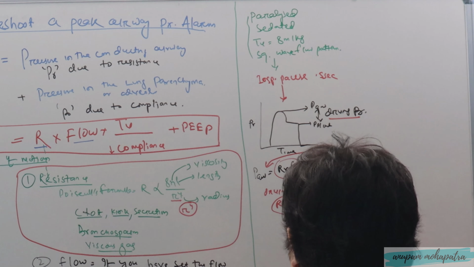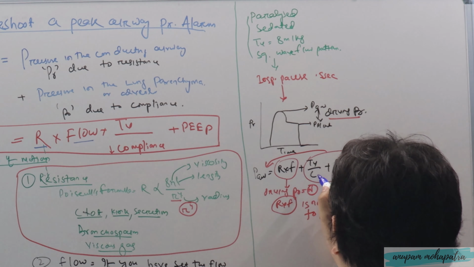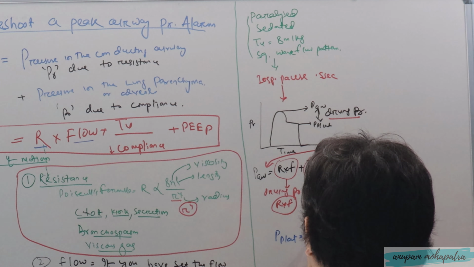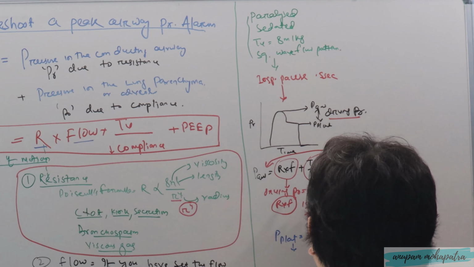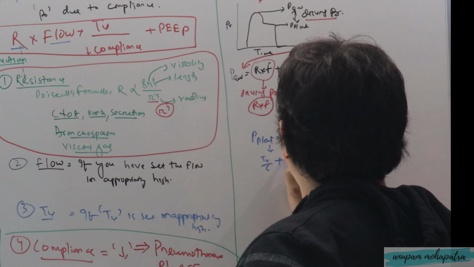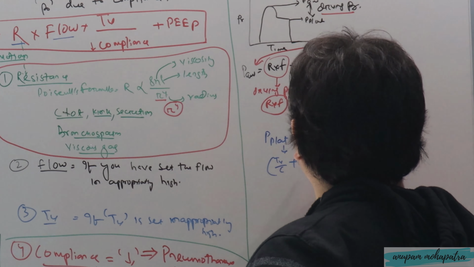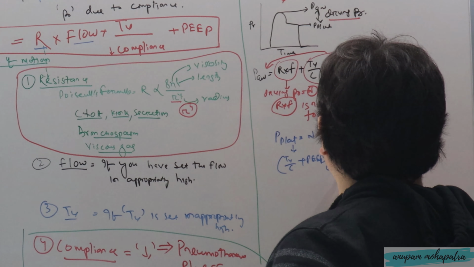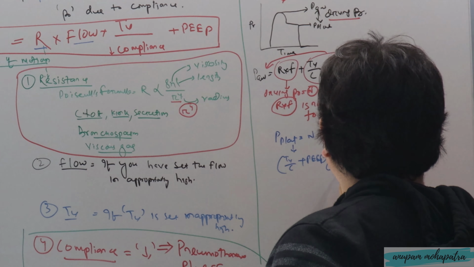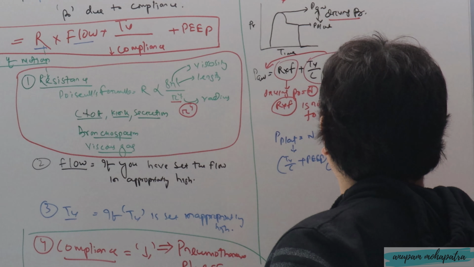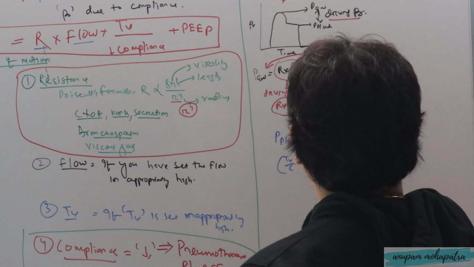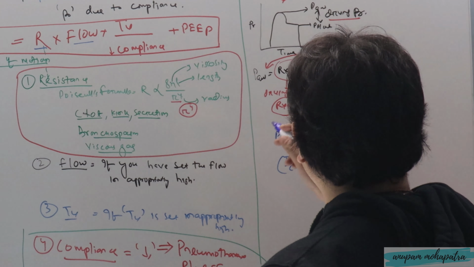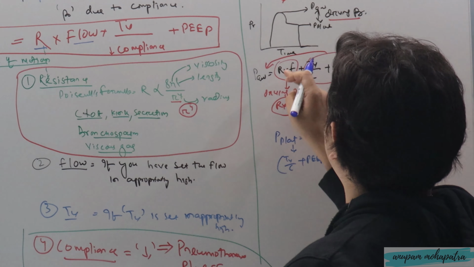Otherwise, if the P plat remains normal, that means this TV by C plus PEEP does not contribute to peak airway pressure, right? So what is left? R into F. So here the cause of high peak airway pressure will be the resistance component.